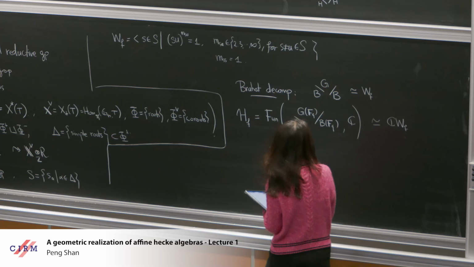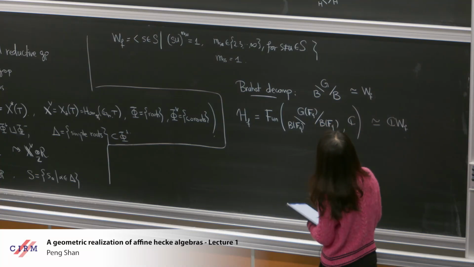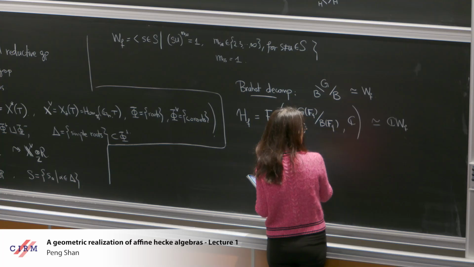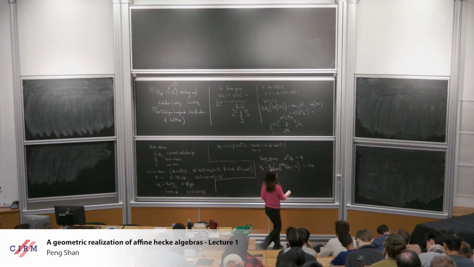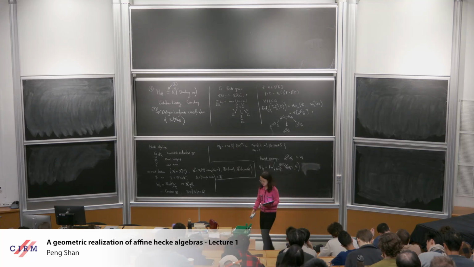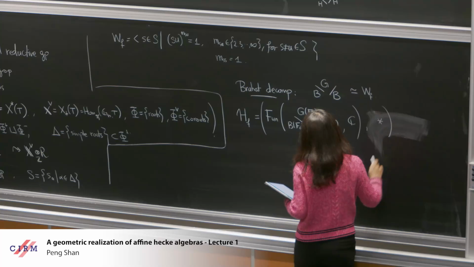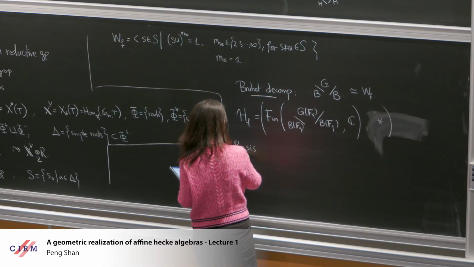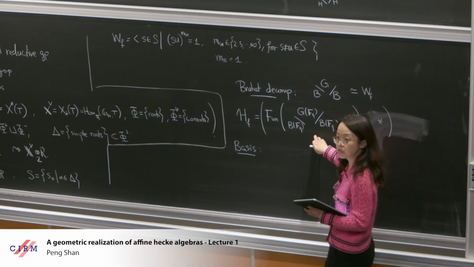And then you want to understand the algebra structure given by that convolution product. Maybe I should say that the Hecke algebra is the space equipped with the convolution product. And so first of all, it has a basis, which is just the characteristic function on each double coset.